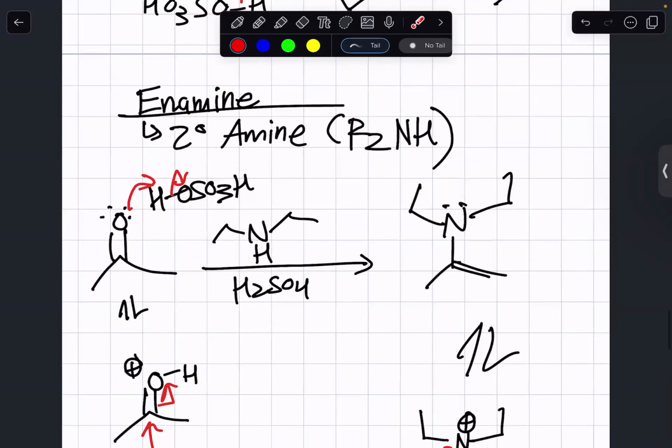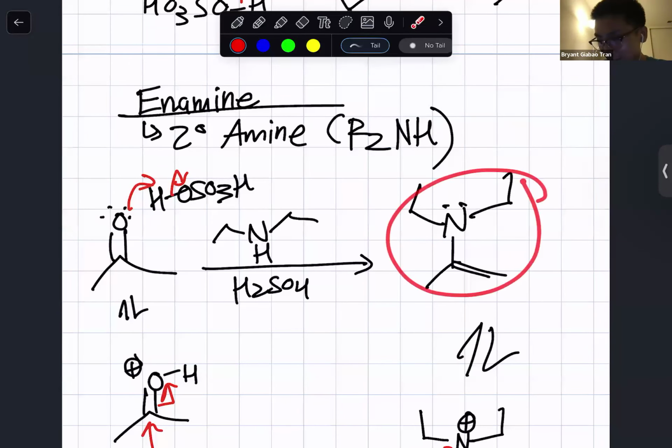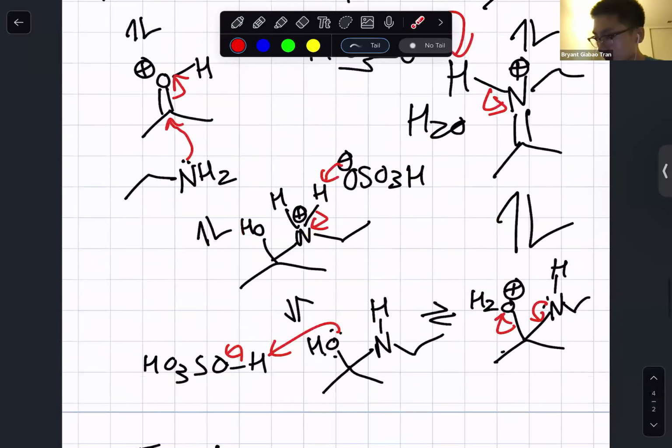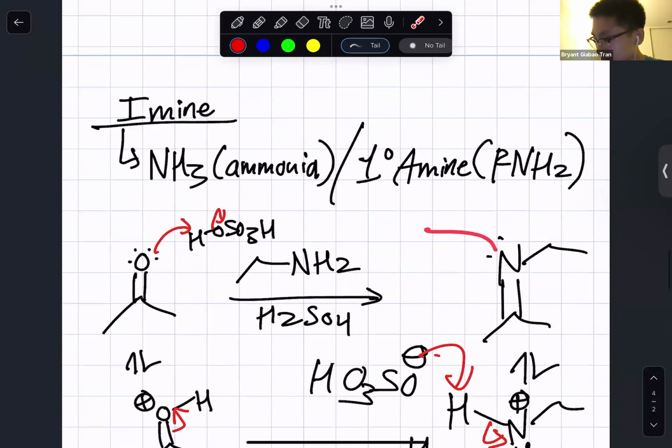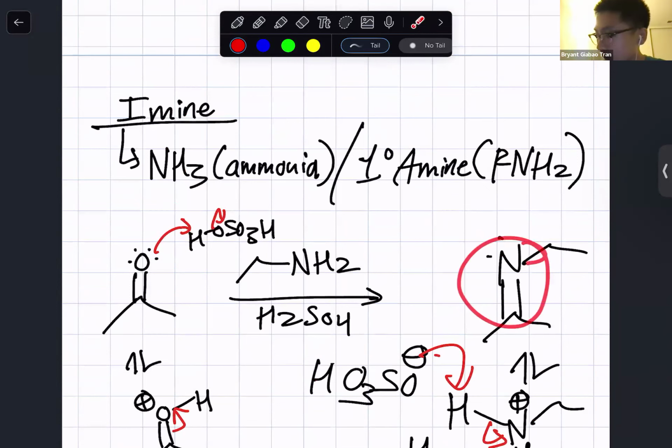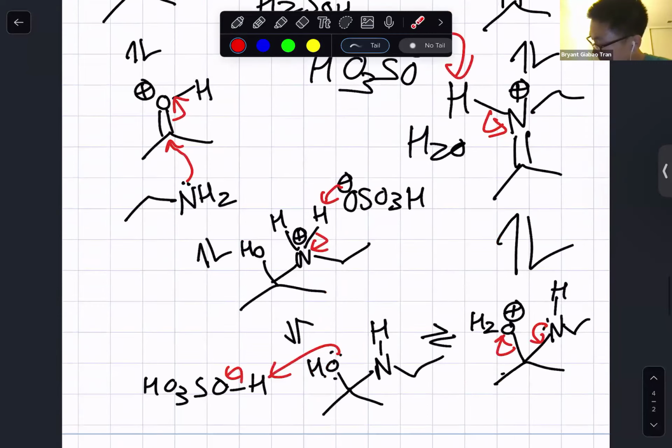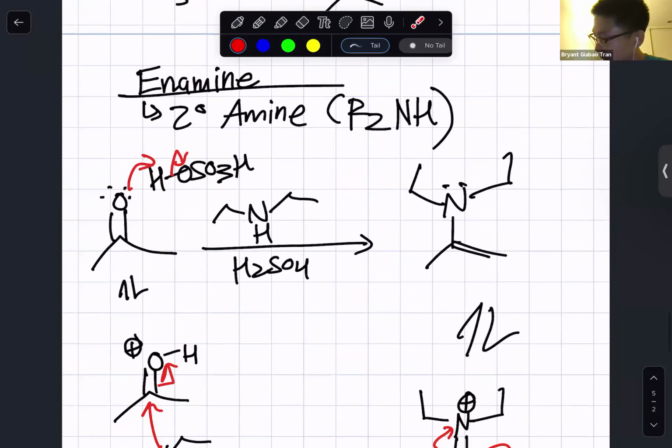The tricky one here is probably the enamine going back to the carbonyl. We're used to the imine: if we want to go backwards, you would just protonate the imine nitrogen, which activates the imine, then the water attacks it, and then we do the whole proton transfer. For the enamine, we don't protonate the nitrogen.